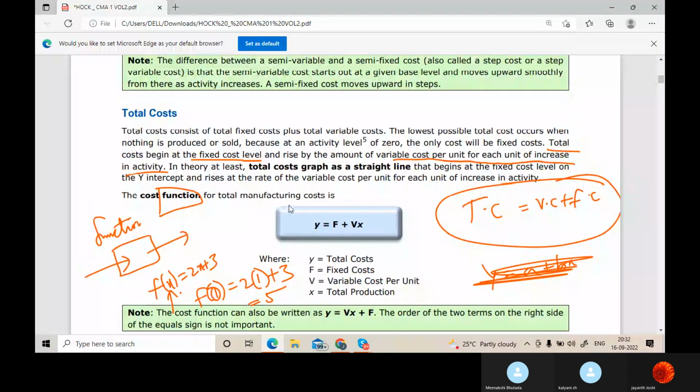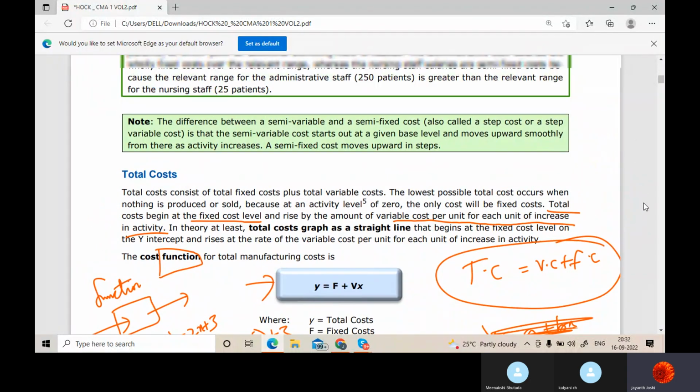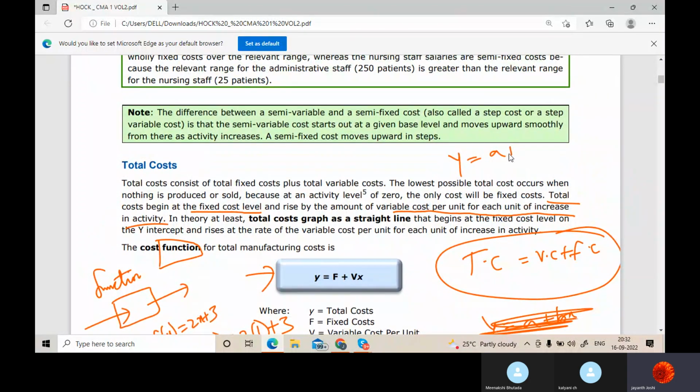Let's say this is the cost function y is equal to f plus vx. So this is in the form of y is equal to a plus bx, whereby y is the dependent variable and x happens to be the independent variable. Why?